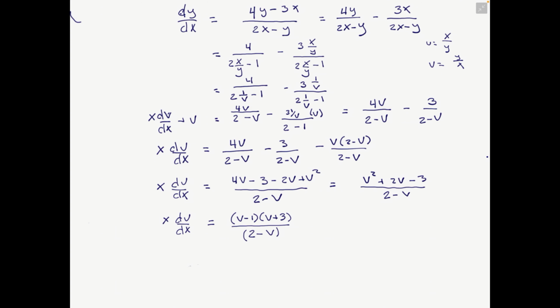And so we can rewrite our equation as 2 minus v on v minus 1 times v plus 3 dv equals dx on x. And that's our equation.